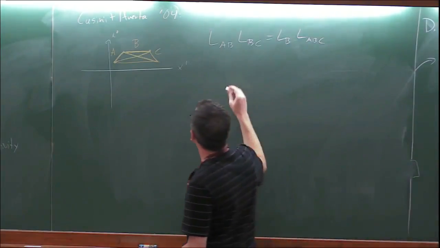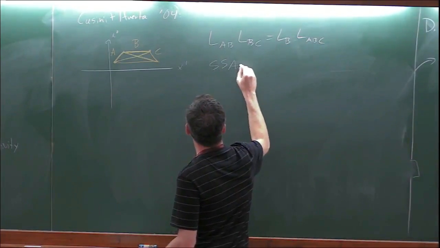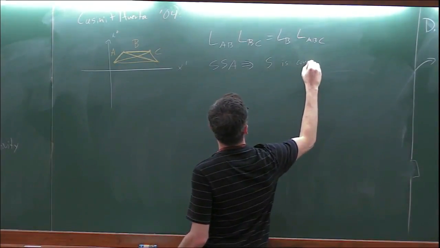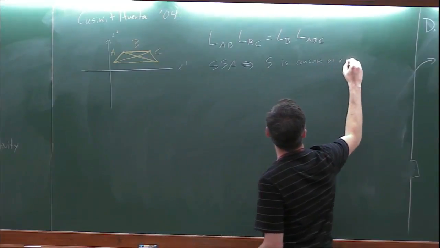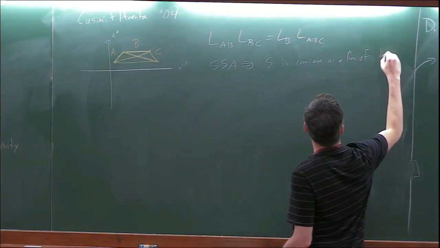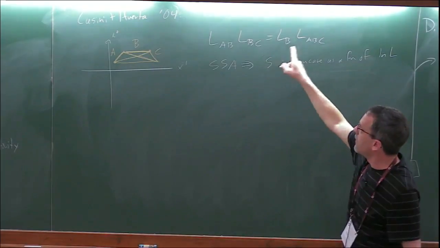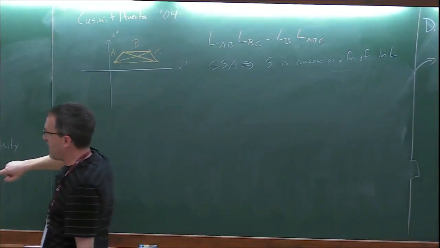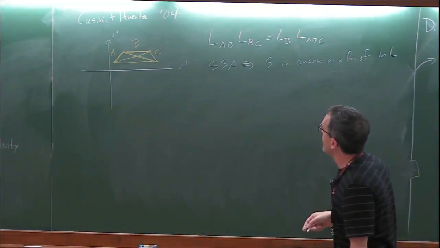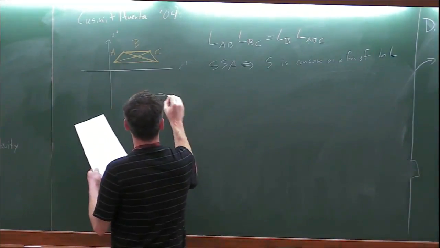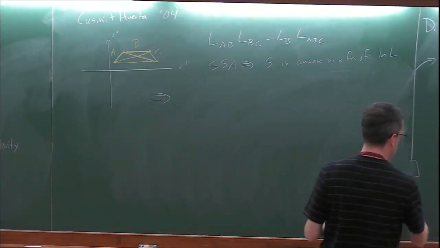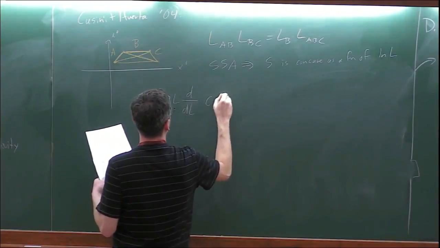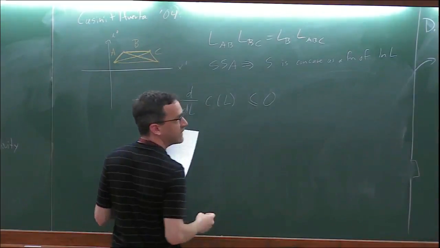And that implies, by strong subadditivity and a similar argument, that S is concave as a function of log L. I just take the log of both sides here, and then I apply the same argument, and that implies that this function C of L has a negative first derivative.